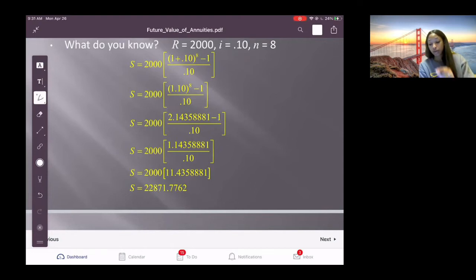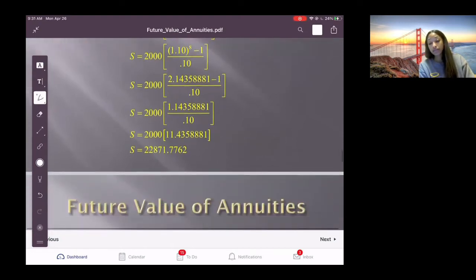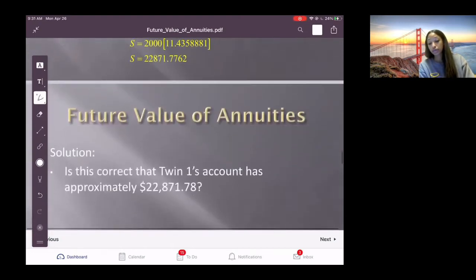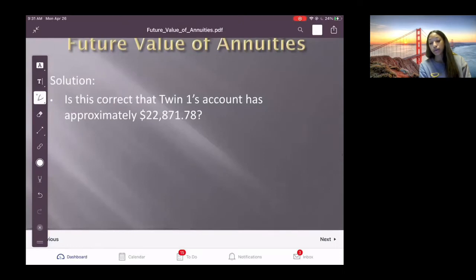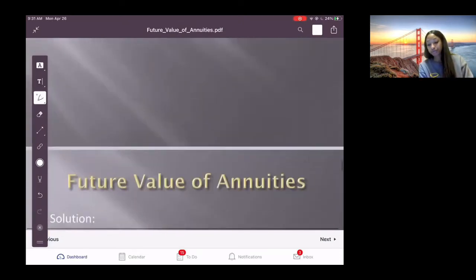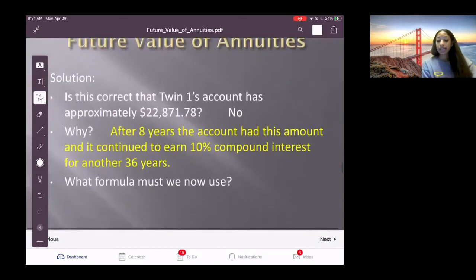Okay, so after the 8 years of investing, twin one ends up with $22,871.78. Is it correct that twin one's account has approximately this much money? The answer is no. Why not? After 8 years, the account has this amount, and it continues to earn 10% interest compounded annually for 36 more years.